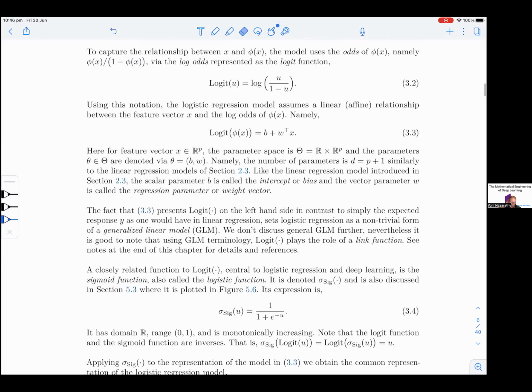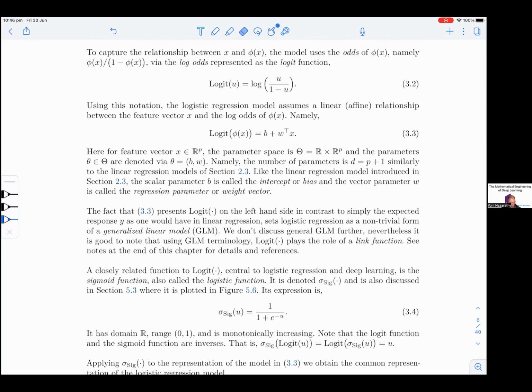Here, the feature vector x is in R^p, the parameter space is theta, which is R times R^p, and the parameters are denoted via theta equals (b, w).